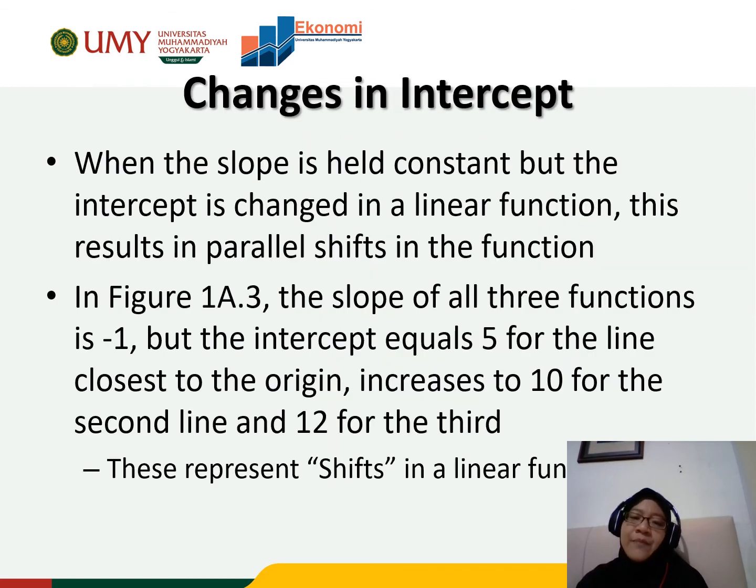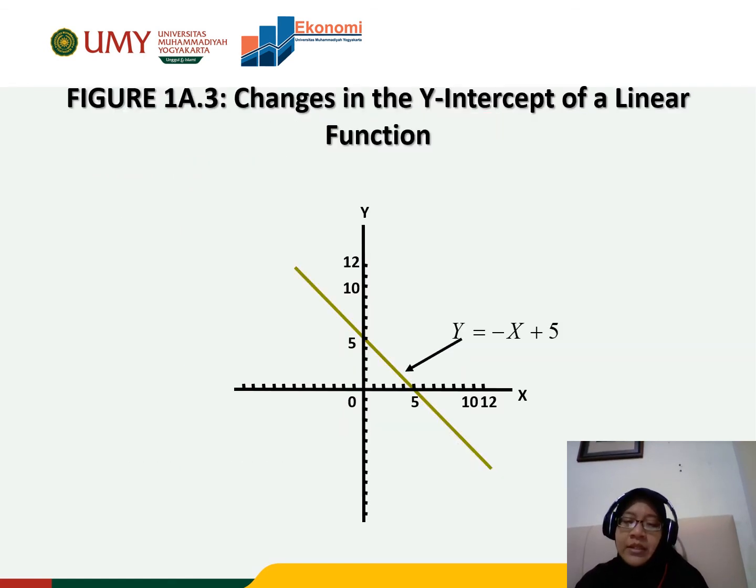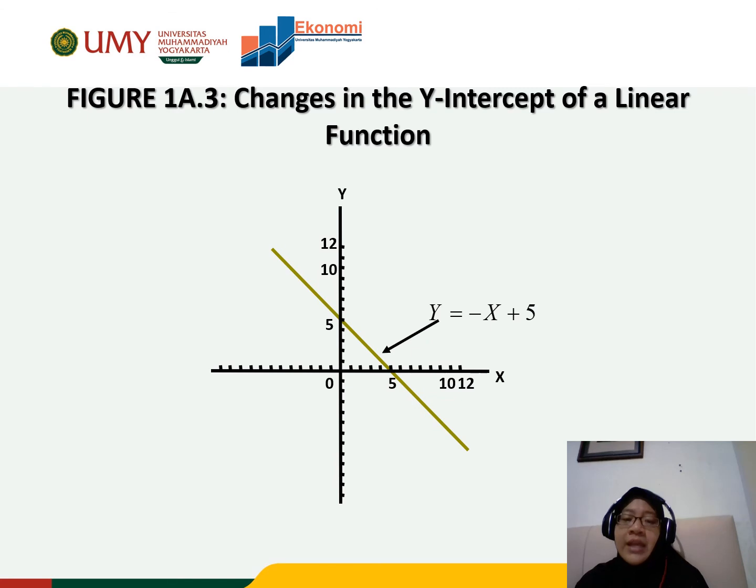But if we are talking about a change in intercept, we look at this figure. If the intercept is changing, the y-intercept is 5 and now becomes 10 and 10.